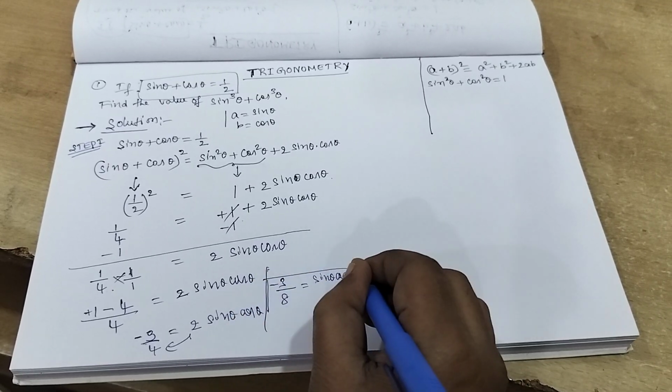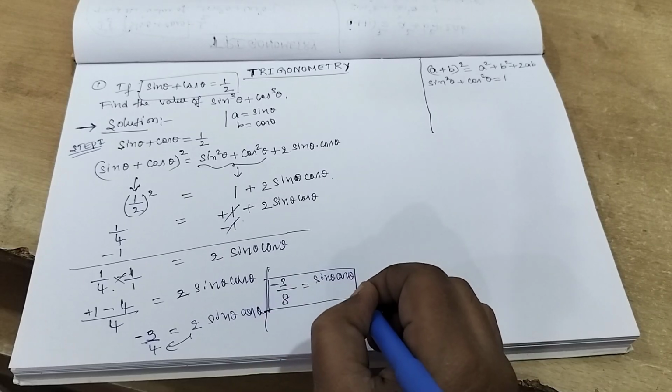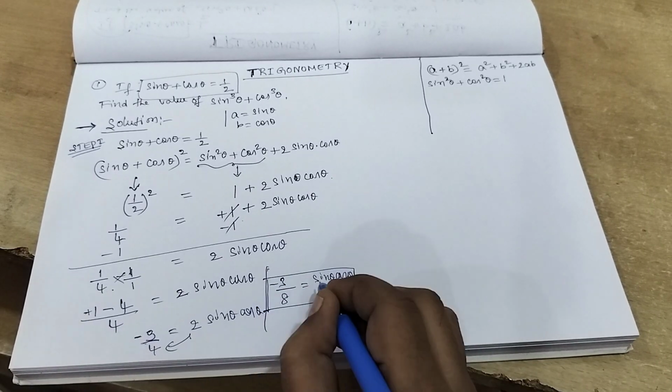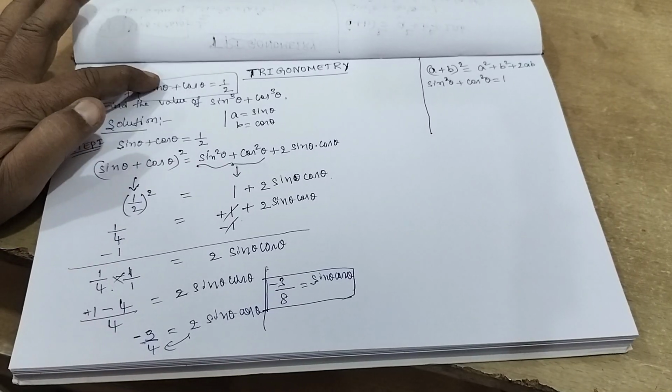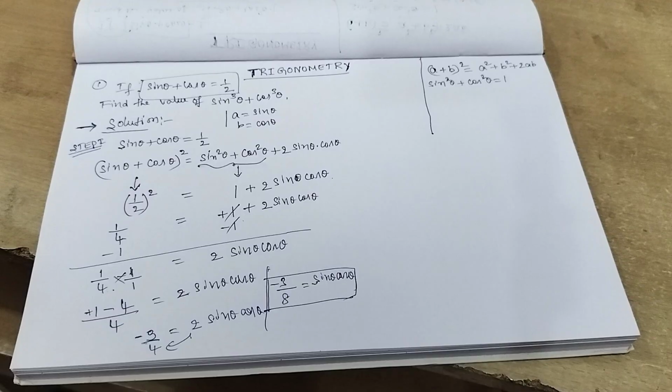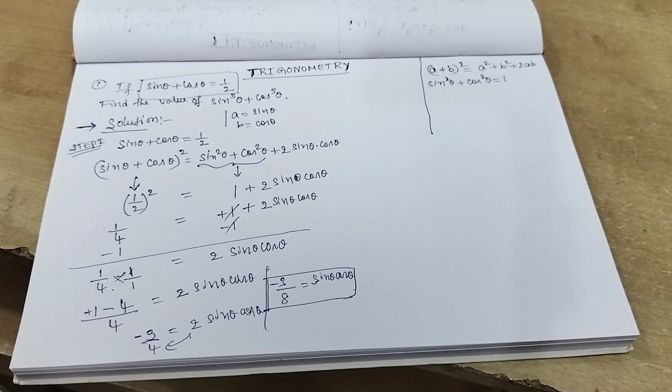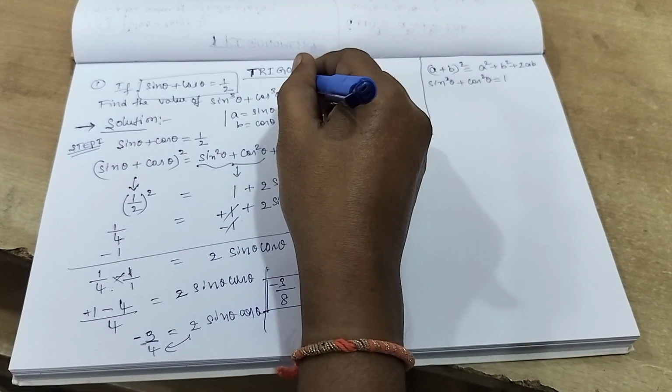So this is the identity, like we got this part. So sine theta and cos theta is minus 3 by 8, and similarly you have to keep it in mind, sine theta plus cos theta is 1 over 2. So the next step is very interesting, that is step 2.